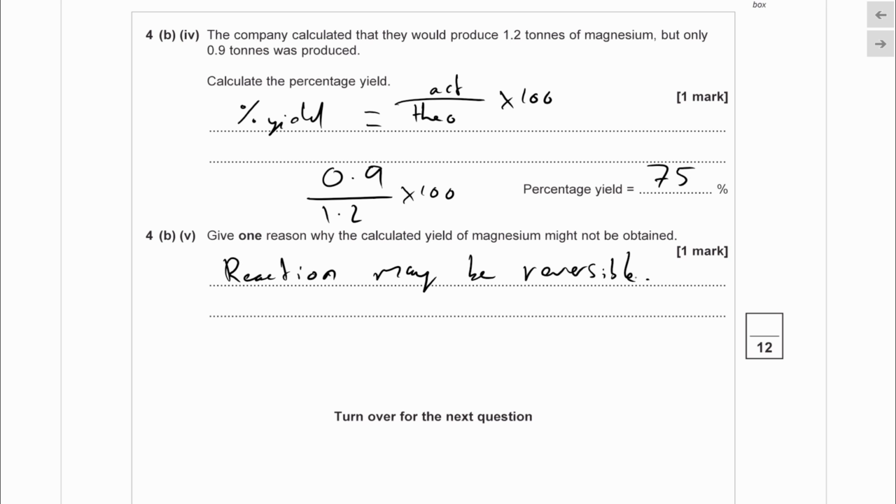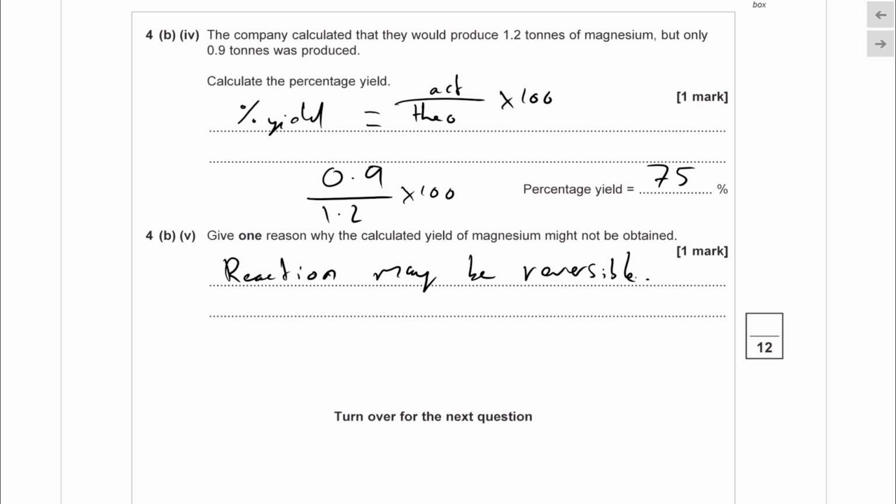Other answers that you could have given would be that other reactions may have occurred. So magnesium oxide might have reacted in other ways, which meant that the final product wasn't magnesium, and therefore you're not going to get the right amount of magnesium. Some may have been lost, or it may have escaped, right? If you're giving off magnesium as a gas, then some may have escaped, and so you won't have the amount of magnesium that you expected.